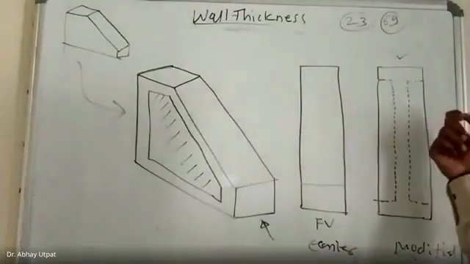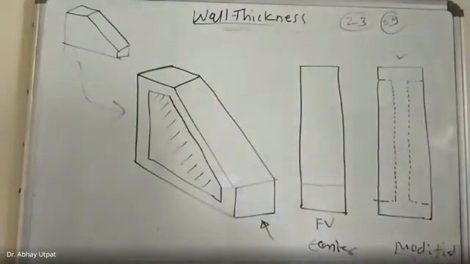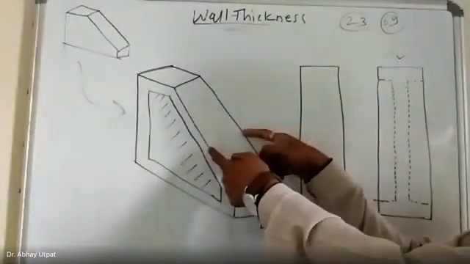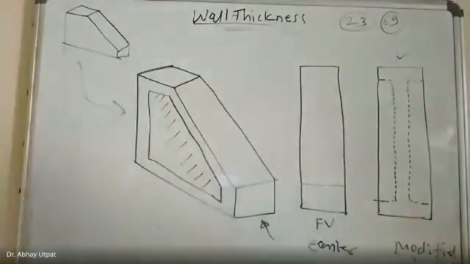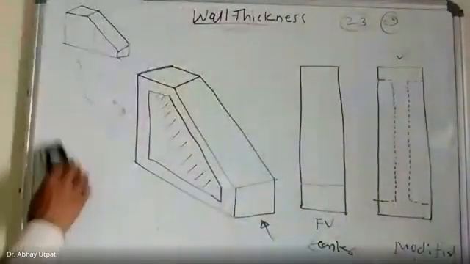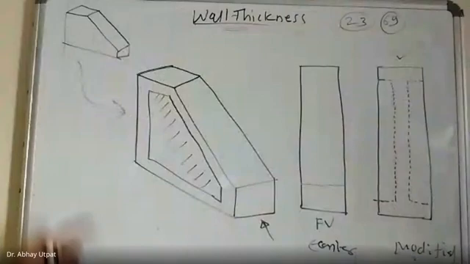Please make correction here. Because these two lines will be dark lines as they are, because the wall is present here. Now, I hope you have drawn this. I'm going to erase it now.